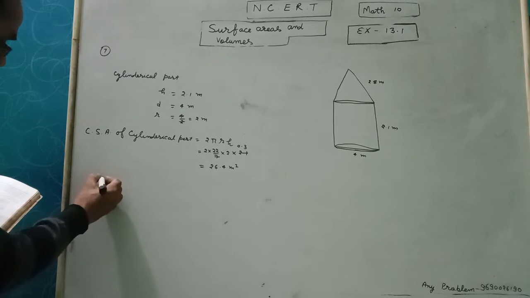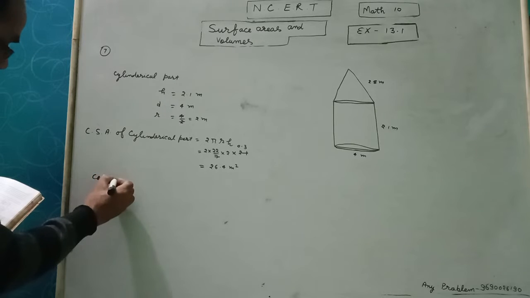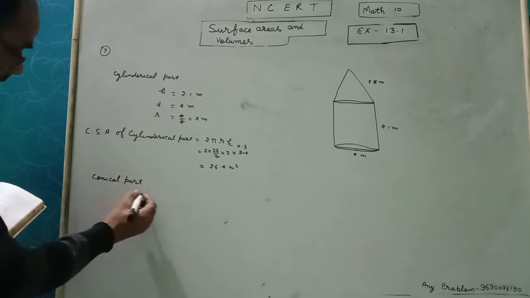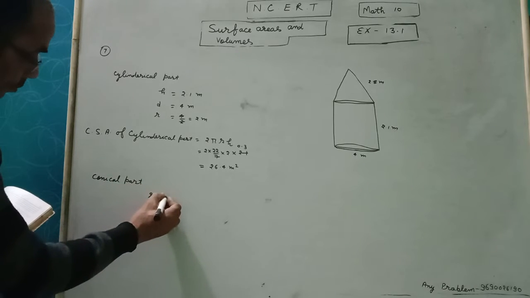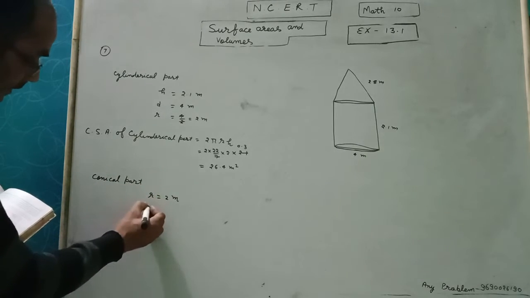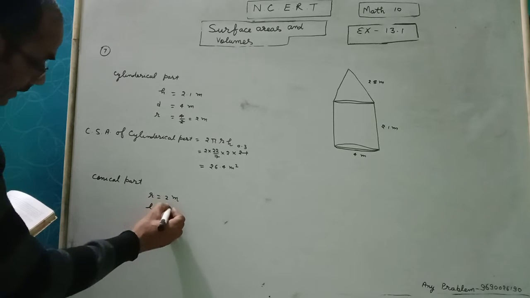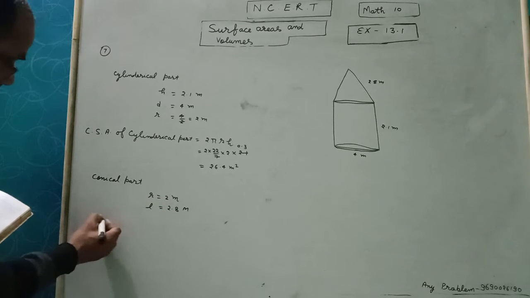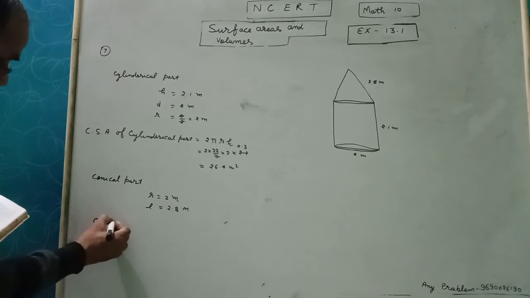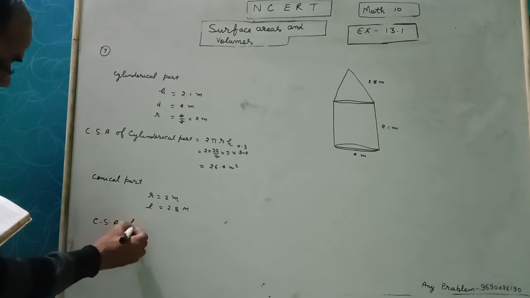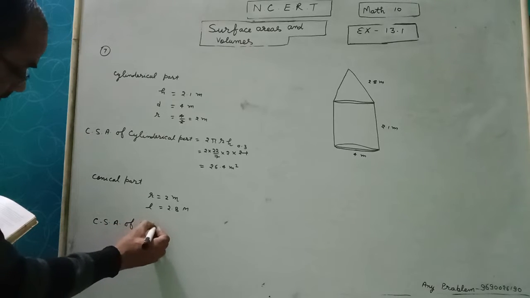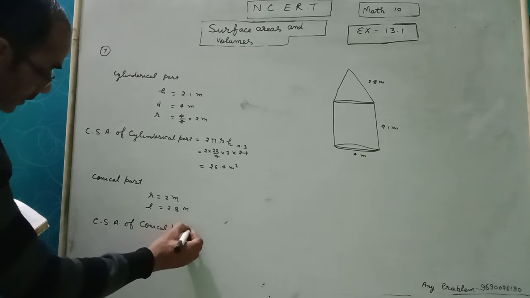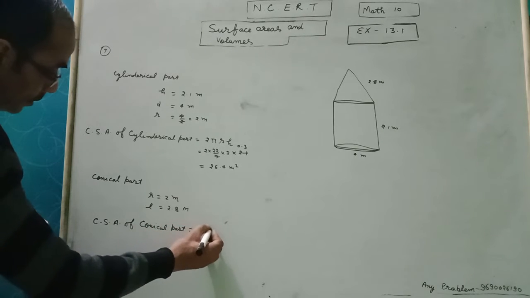Conical part: R is equal to 2 meter, L slant height is equal to 2.8 meter. CSA of conical part is pi RL, that is the formula.